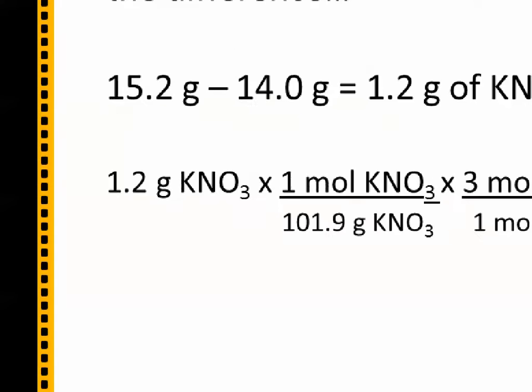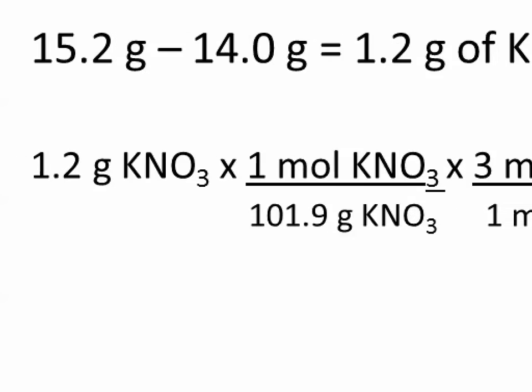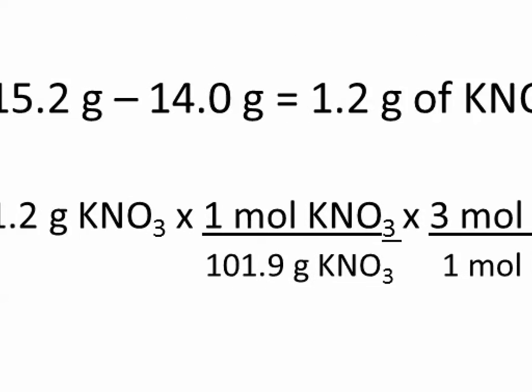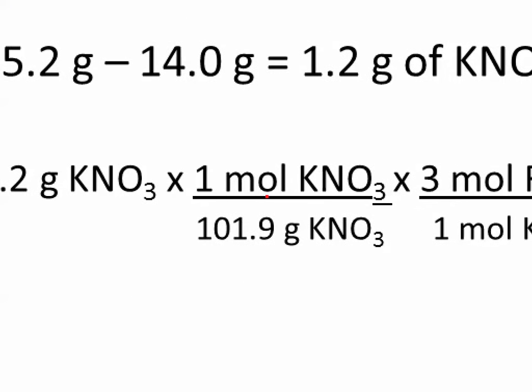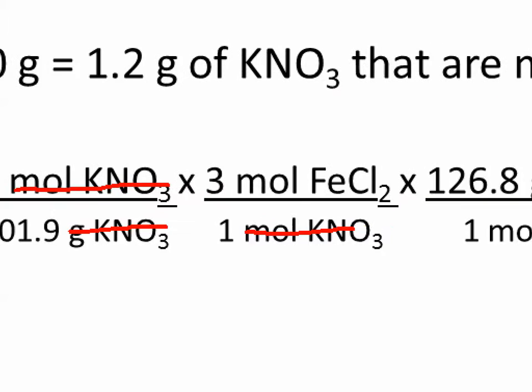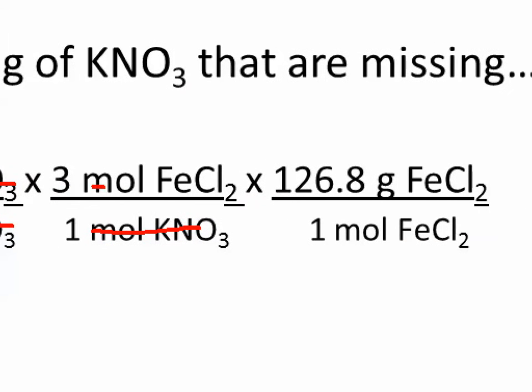So what we're going to do is go through the exact equation except in reverse. You can see that this number is used as a starting value, and again, the grams cancel, the moles of KNO3 cancel, the moles of FeCl2 cancel, and we're putting it back into grams of FeCl2.